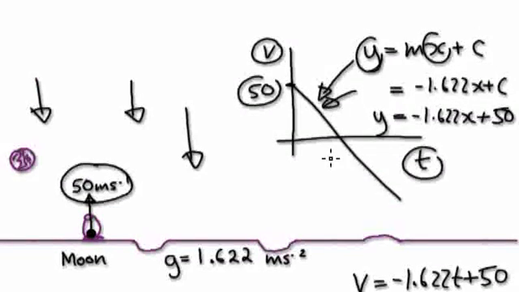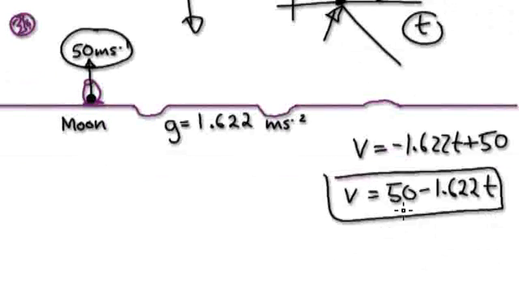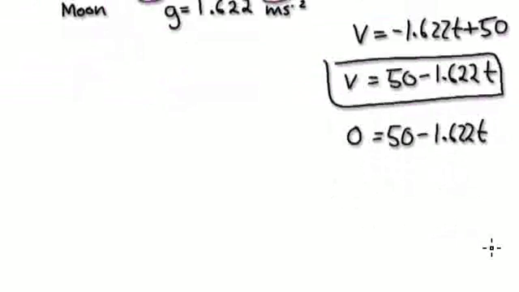This is our equation, but we are interested in this time here. Well, at this point here, the velocity, the up and down, is 0. The velocity is 0 at this point here. So put 0 into the v, and try and find out the time. So 1.622 t. Now add this thing to both sides. Okay.